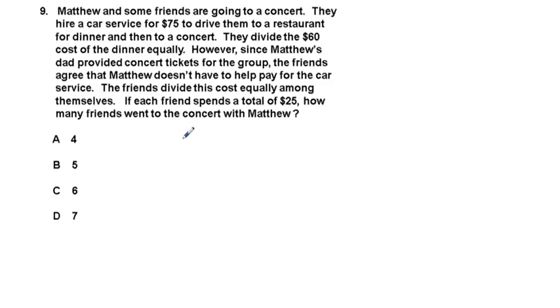And so, just writing up this equation, we have $75, and this is the car service, the thing that Matthew is not paying for, so we'll say x equals the number of friends that Matthew has.